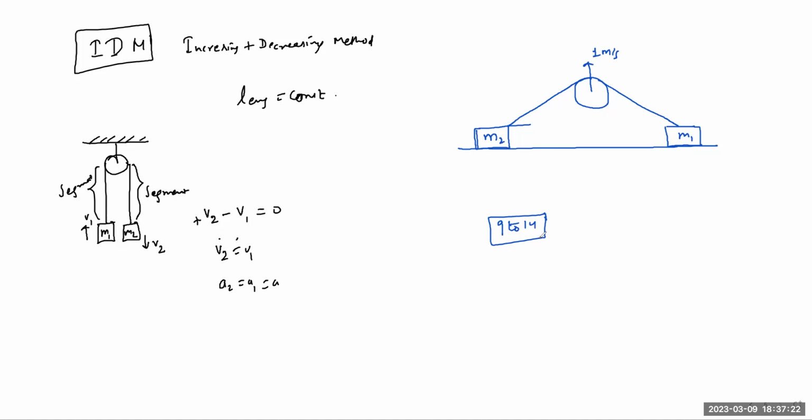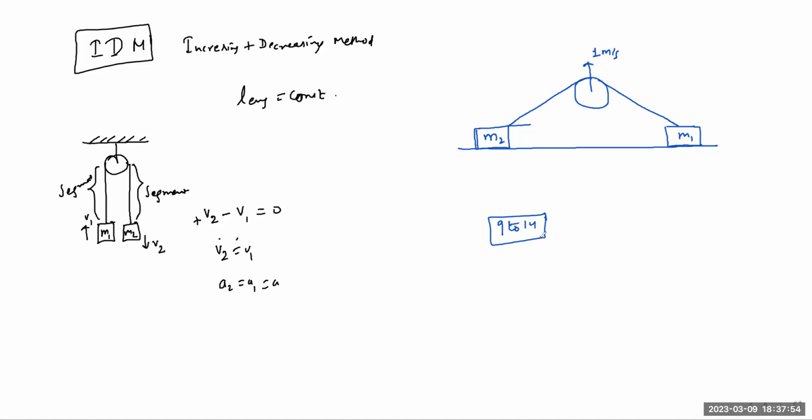So I think ninth can be done very easily, either by the T dot V idea, or by the increment decrement, isn't it? How many of you have done ninth?